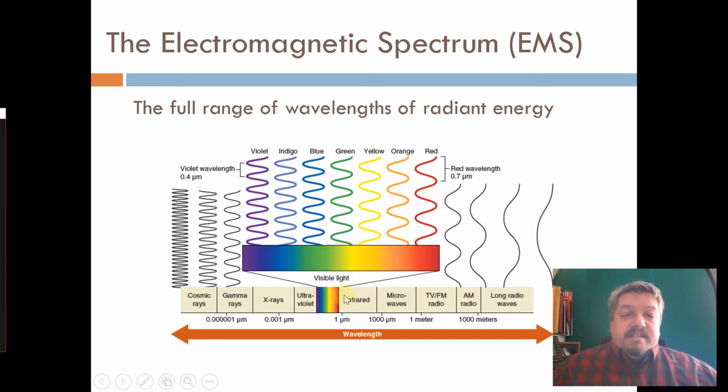But the part that we see, visible light, between violet and red, are just different wavelengths. So that's what makes the different colors, the wavelength of the light beam. So red has the longest wavelength. And by the way, wavelength is just the distance between the points on the wave. So that's longer and that's shorter.